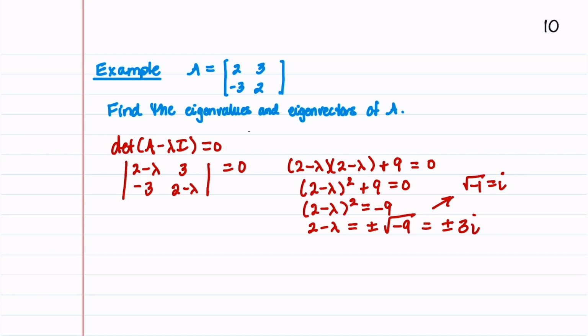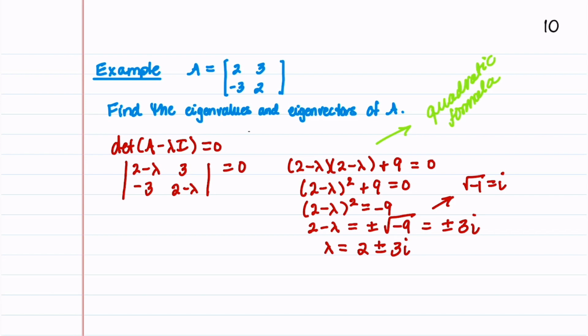This is going to give us lambda is equal to 2 plus or minus 3i. Alternatively, you could multiply this out and use the quadratic formula. I think that might be a little bit harder, but you will get the same answer. So we have our eigenvalues.